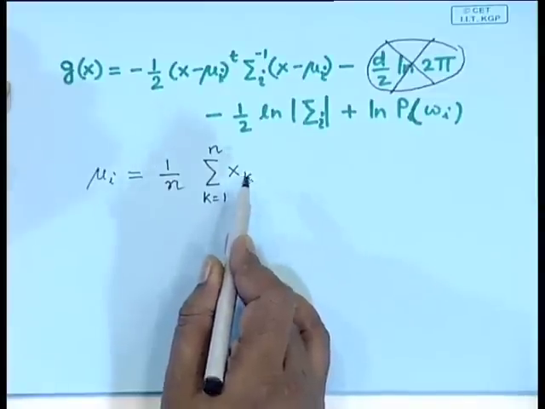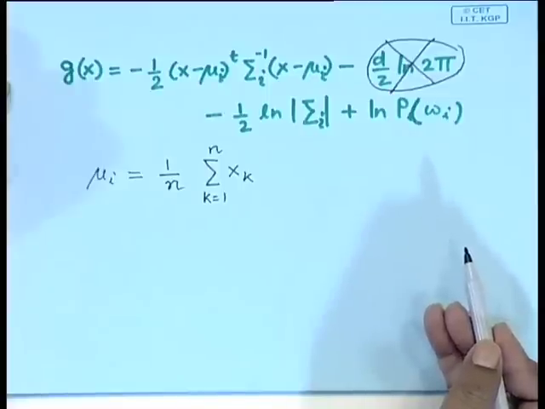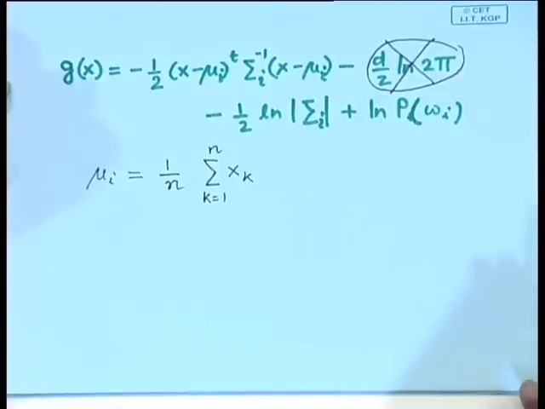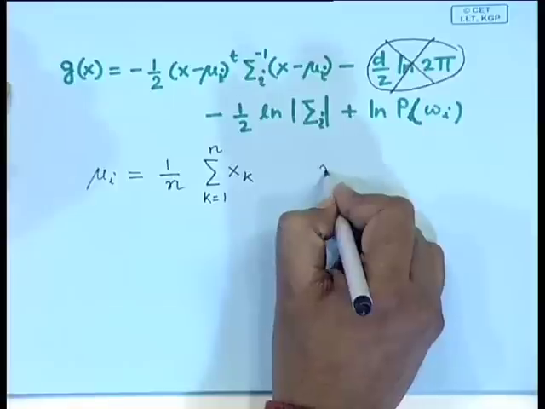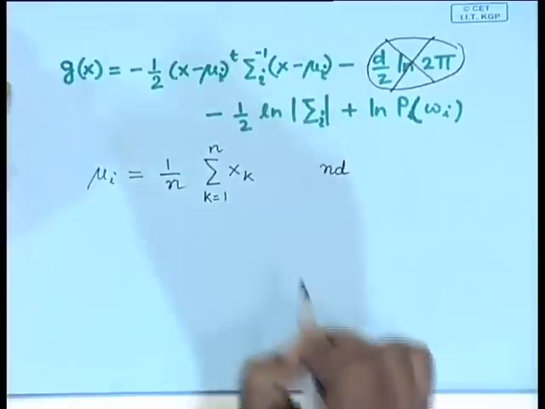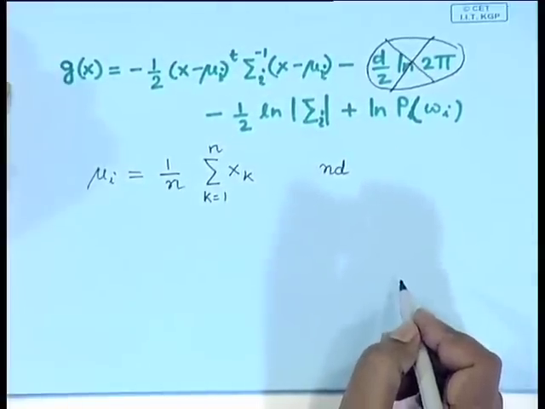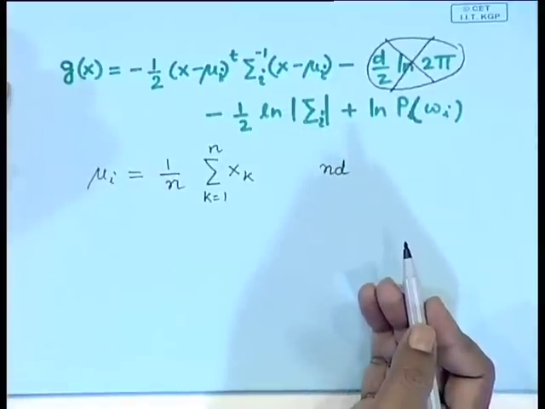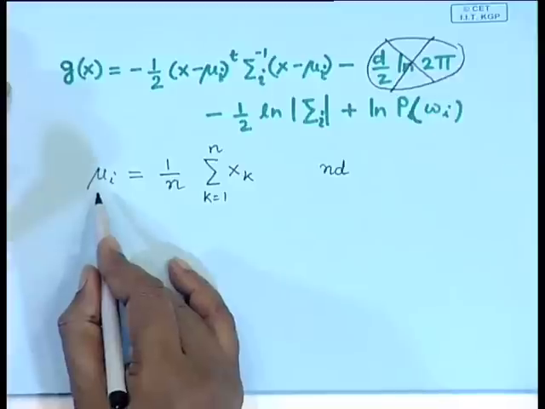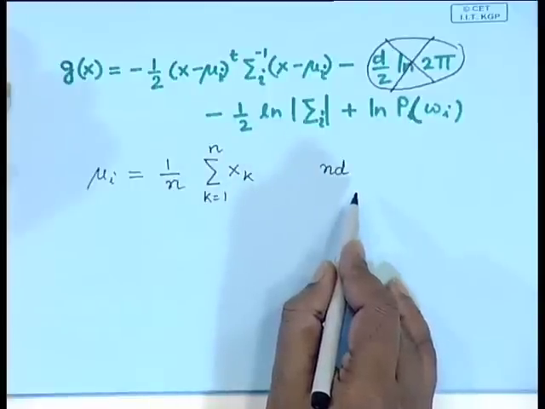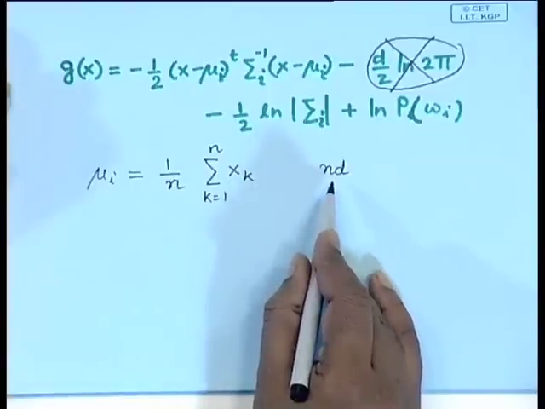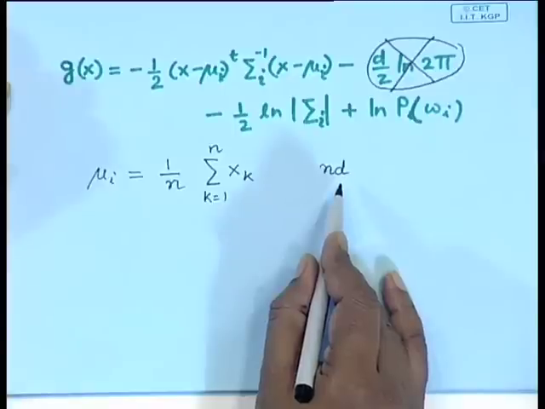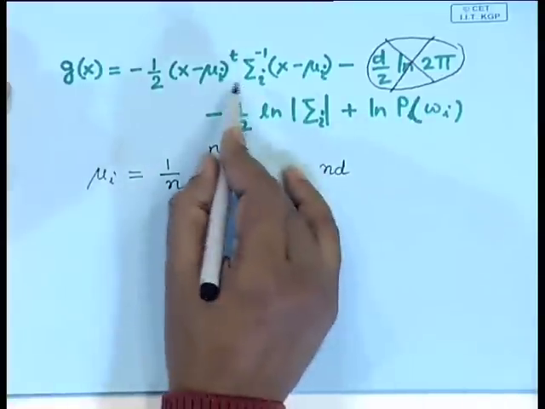For every component I have to compute n summations, so the total number of summations is n into d, and I can assume that the division takes constant time. So, the computational complexity to find the mean vector is n into d. It depends upon the number of vectors, and at the same time upon d, the dimensionality of the vector.